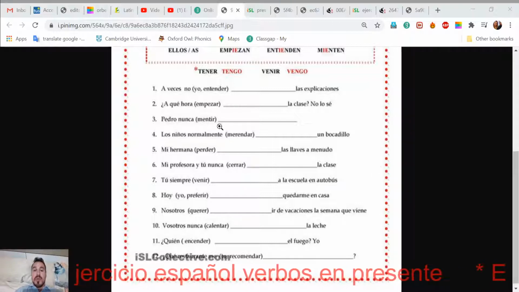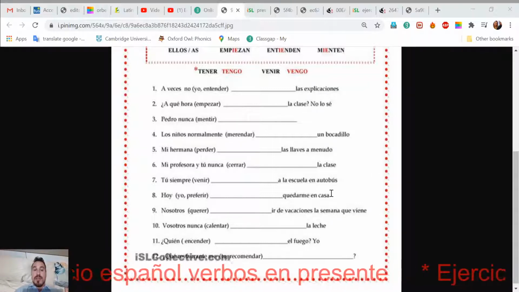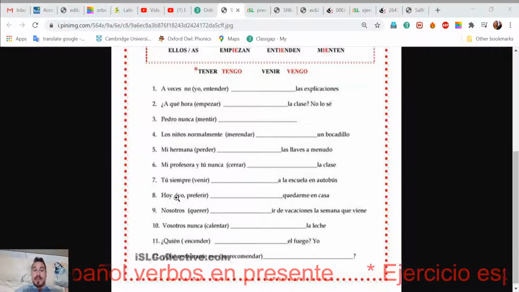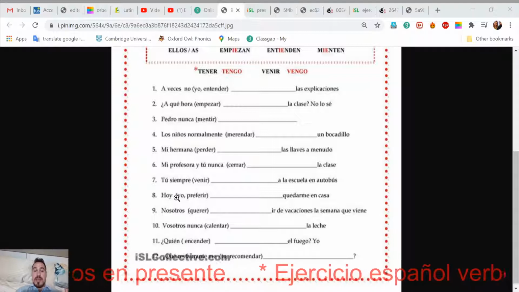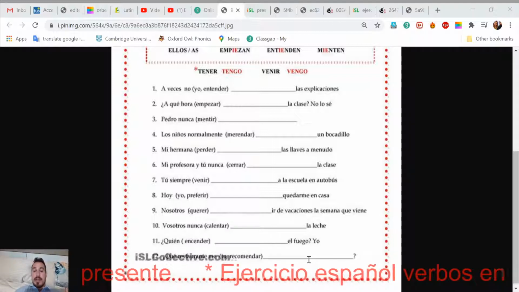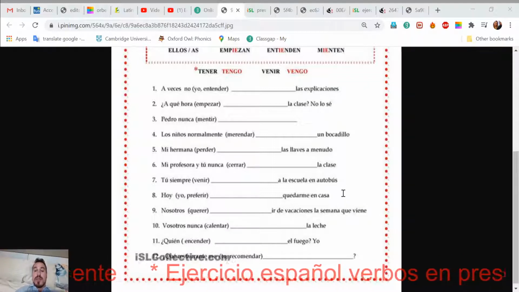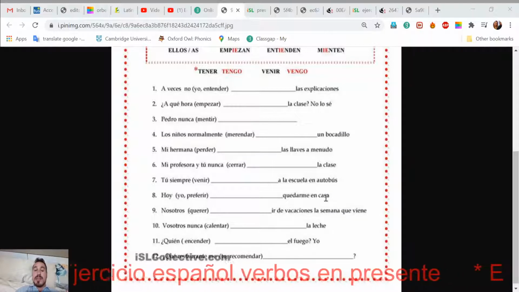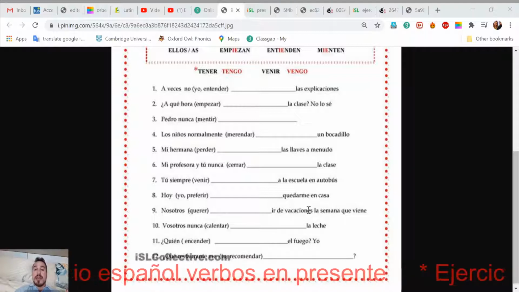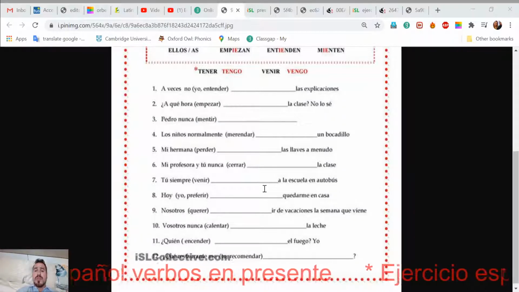4. Los niños normalmente meriendan. Merienda means to have a snack. Merienda is the verb. It could also be the noun, by the way.